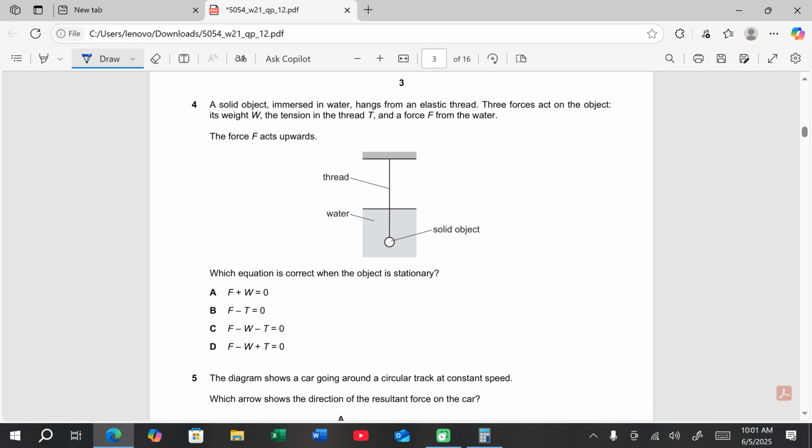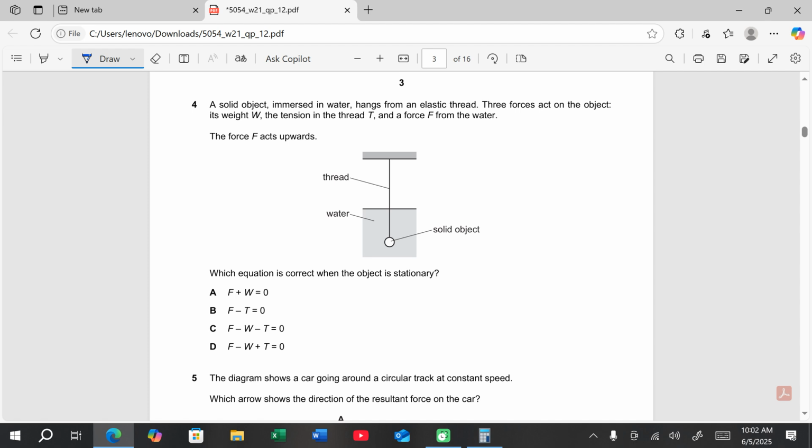A solid object immersed in water hangs from an elastic thread. Three forces act on the object: its weight, tension in the thread, and the force F from the water. The force F acts upward. Which equation is correct when the object is stationary?